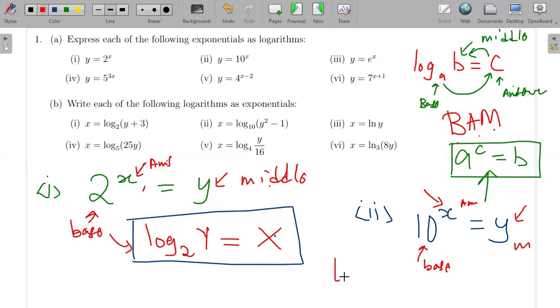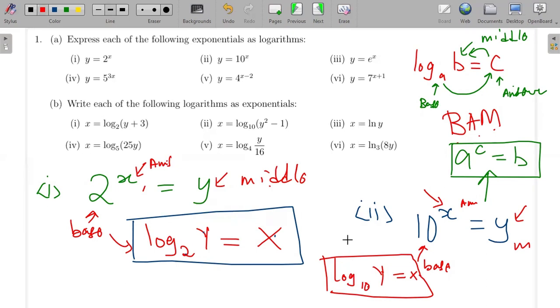So I'll just write log, my base is 10, and then what is in the middle is y, which is equal to x. So this is the answer here when we convert this to log form. So it's just going to be a base to the power answer is equal to what is in the middle. All right, so any questions there so far of what we've done?